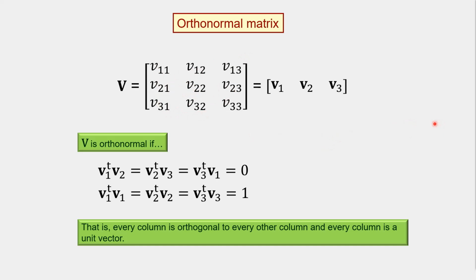A matrix is orthonormal if the vectors which comprise its columns are orthogonal to each other, and if the vectors which comprise its columns are unit vectors. And we can do some wonderful things with orthonormal matrices, as we'll talk about in another video.